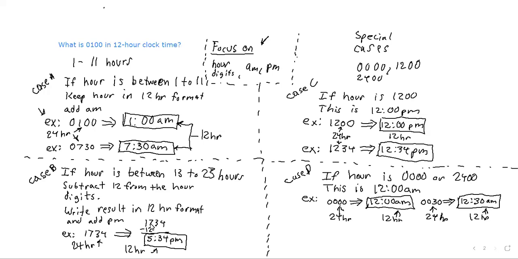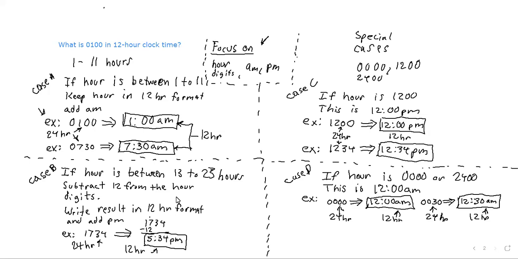We subtract 12 from the two hour digits, because there are two hour digits in a 24-hour system. So 17 minus 12 gives us 5, and we add the PM. So it's going to be 5:34 PM. Notice how we didn't change the minutes. 34 remained the same the whole time. The only thing we're changing is the hour digits.